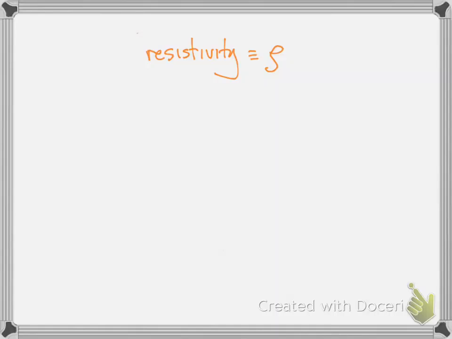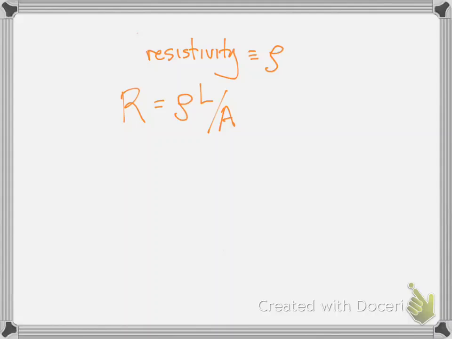The resistivity is the small Greek letter rho, and the resistivity is the measure of resistance that's dependent on just the material properties but not the geometry of the material. So if we put all this together, the resistance is equal to rho L over A.